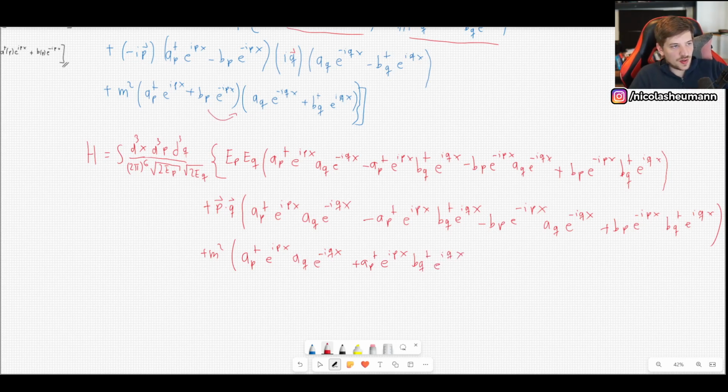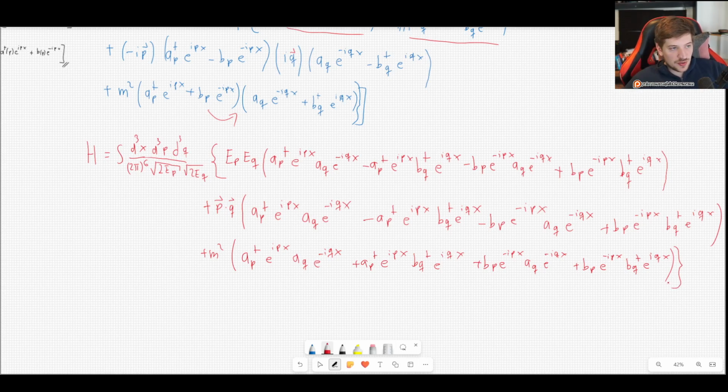Now we multiply this with this, so we get b_p e^{-ipx} a_q e^{-iqx}, and finally b_p e^{-ipx} and b_q dagger e^{+iqx}. There we go.